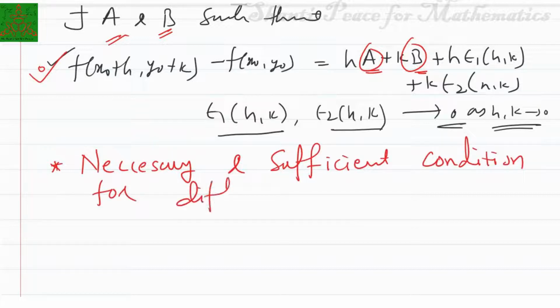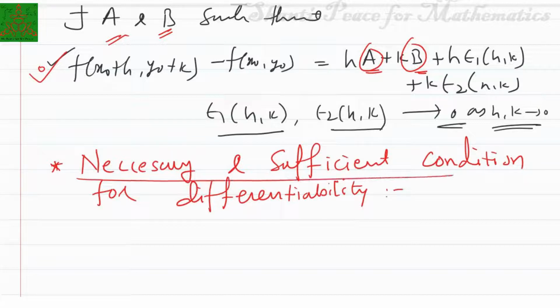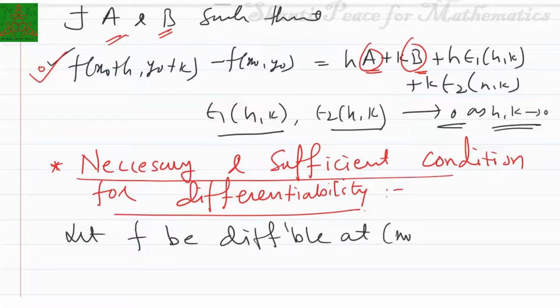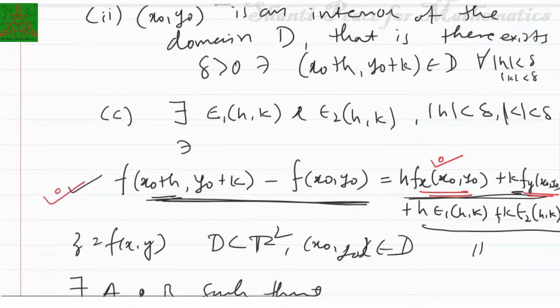That means if you want to check whether the given function is differentiable or not, this is the main tool to discuss that. So let us say f is differentiable at x0 y0. So as per the definition, this quantity will be true.